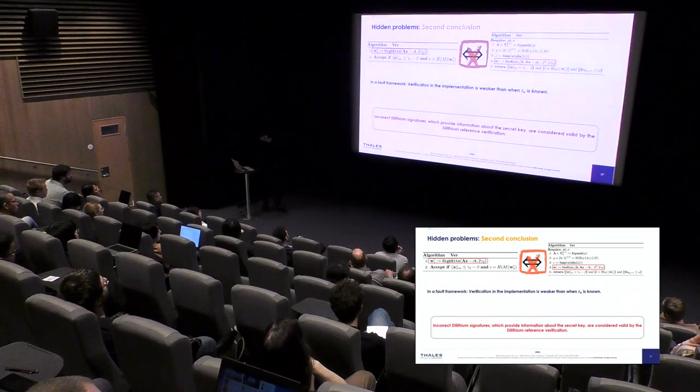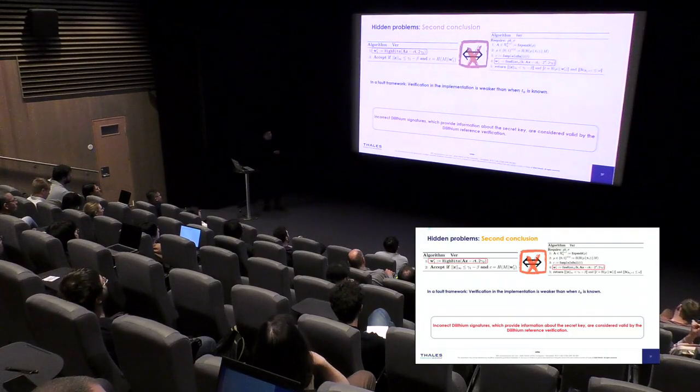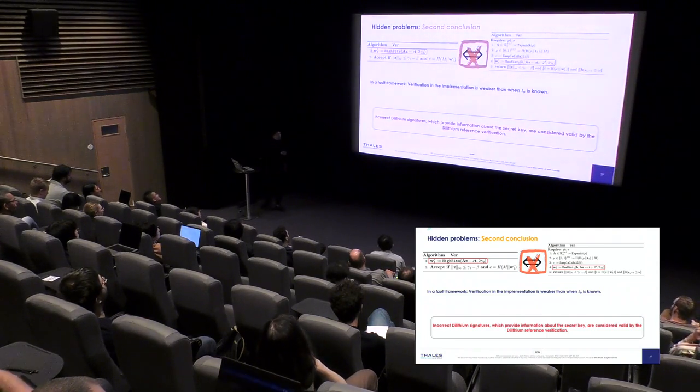And this, in particular, implies that you cannot secure your implementation by just doing a verification before outputting the signature, because you will have incorrect signatures that leak information about the secret key, but that will be considered valid by the Dilithium reference implementation.